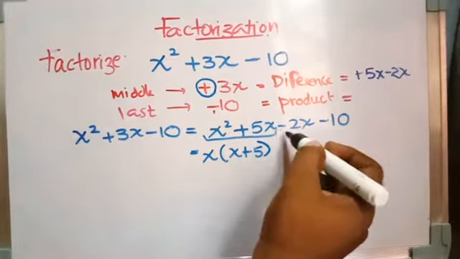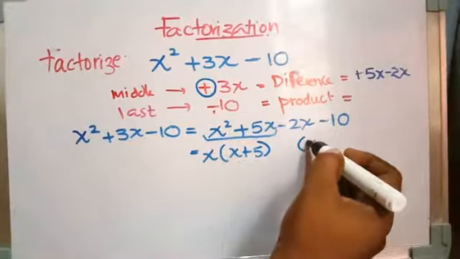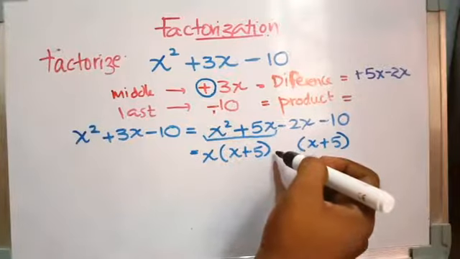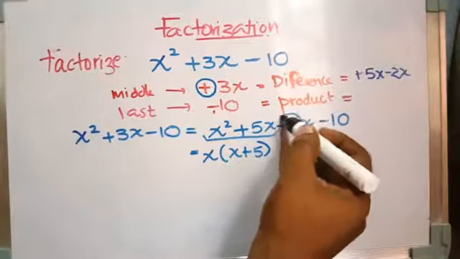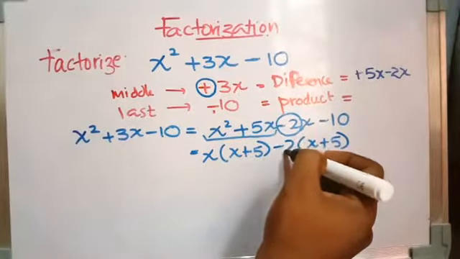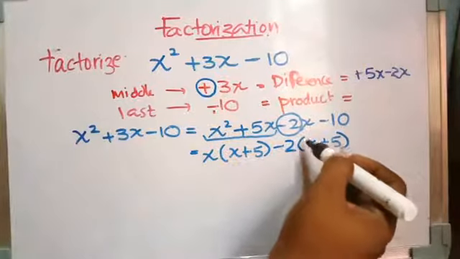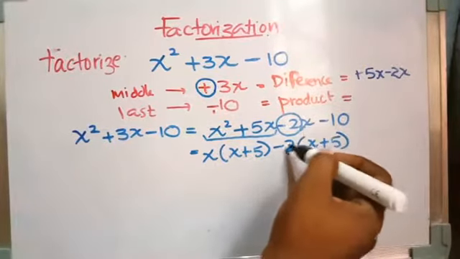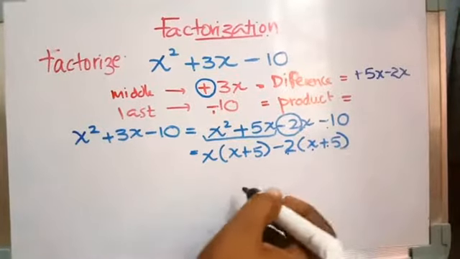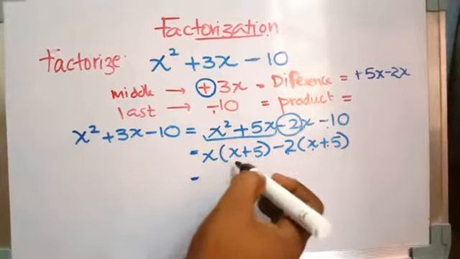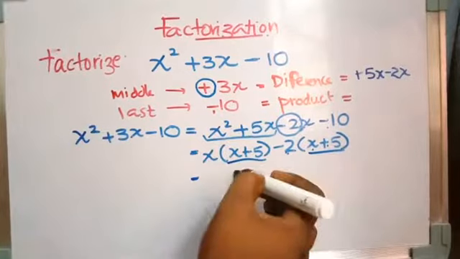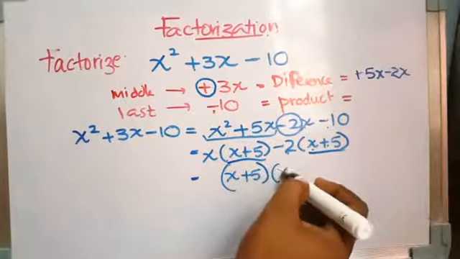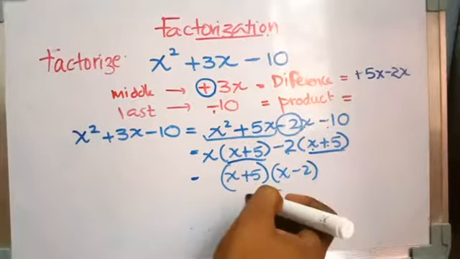Now the next group also should have x plus 5. That means what should be taken as common? Take this minus 2. Now multiply and verify whether it is correct. Minus 2 into x is minus 2x. Minus 2 into 5 is minus 10. So we get x plus 5 is still common, and x minus 2 as the result.